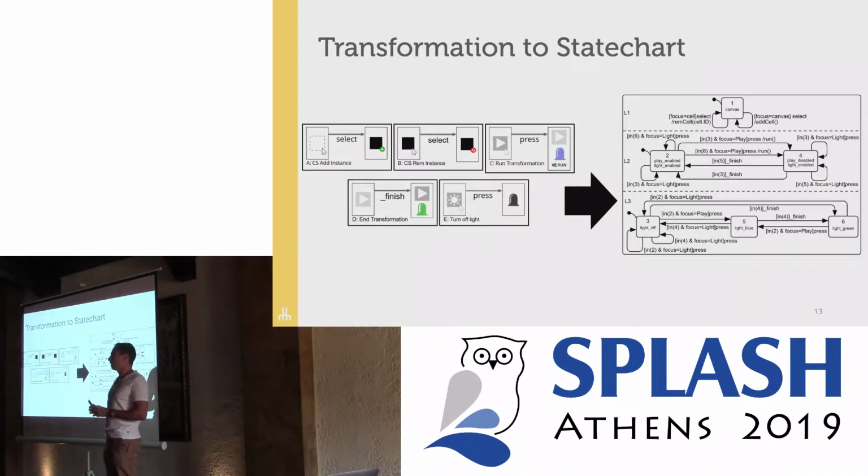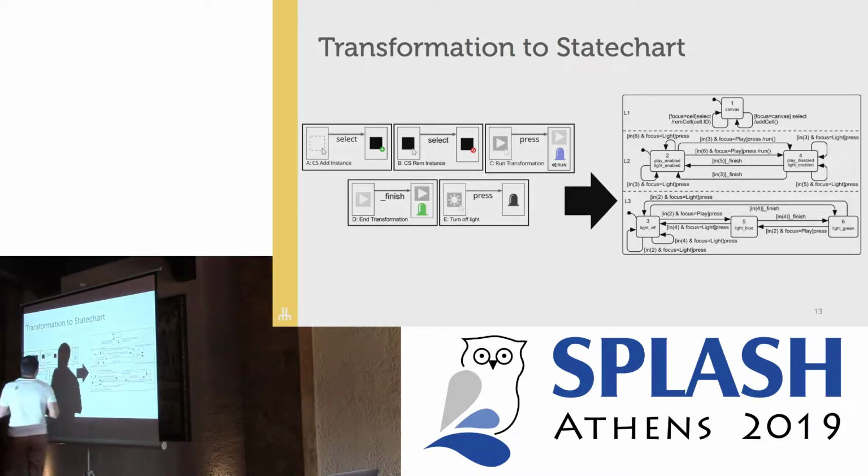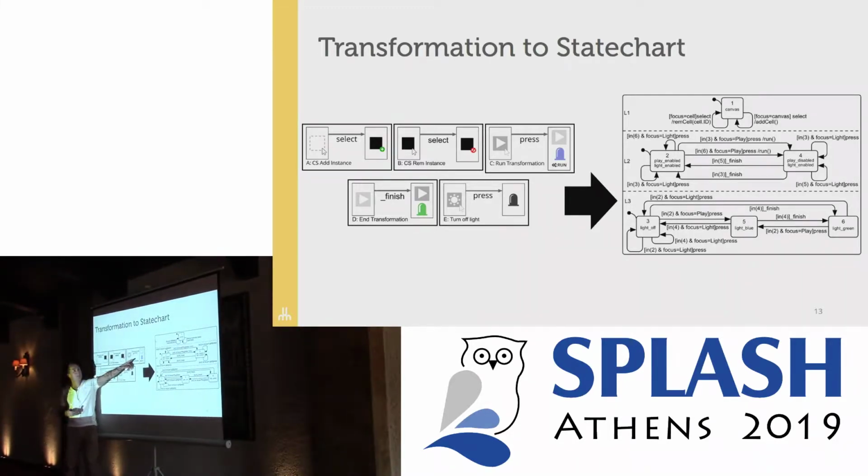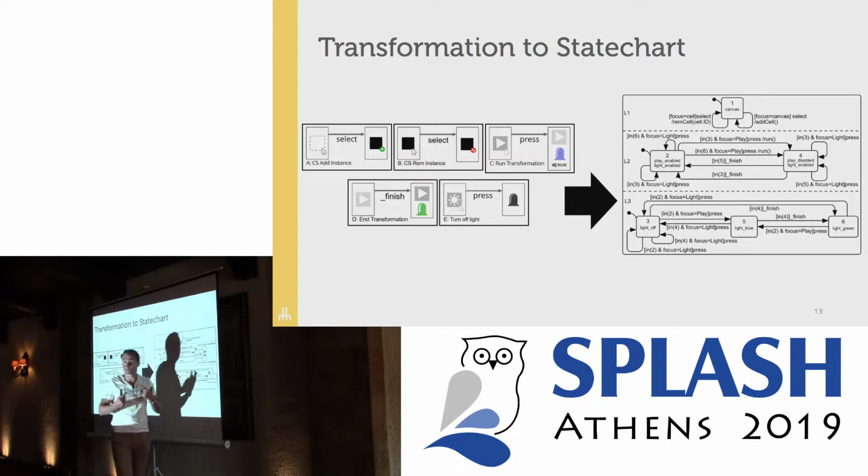When you define a model transformation, you usually have to define a priori a scheduling of the rules. In this case, it's not possible to know in advance what can be applied. So it may be that, for example, rule C is applied, which disables the button and turns the blue light on, but that may enable some rules that were disabled before, right? So you have to be able to reevaluate all the rules all the time and keep track of that.